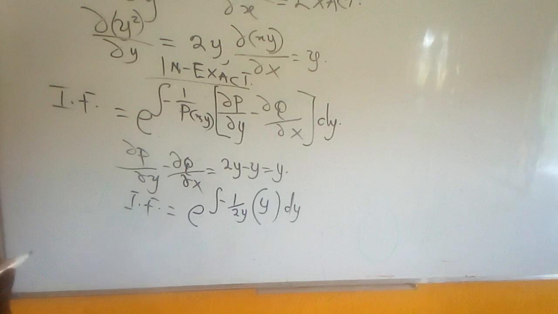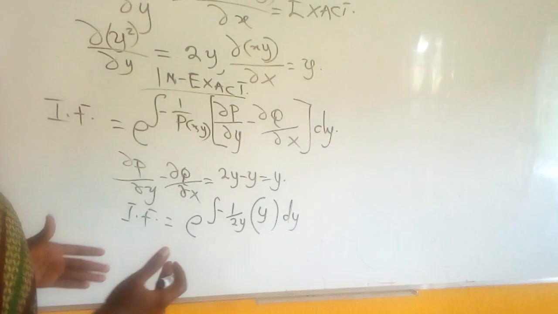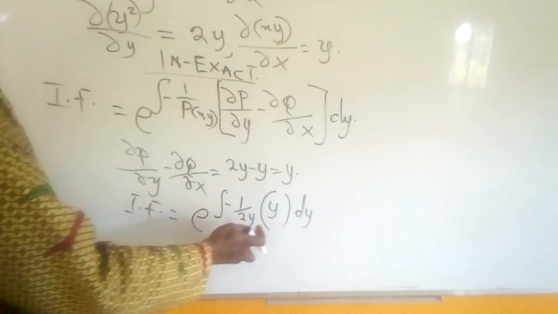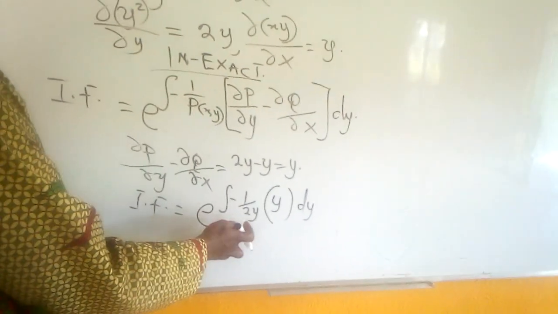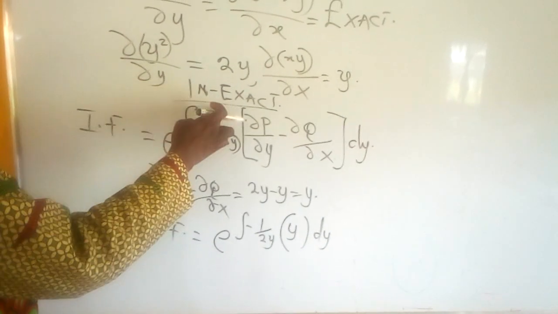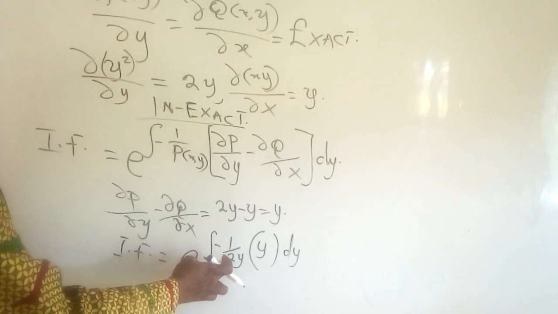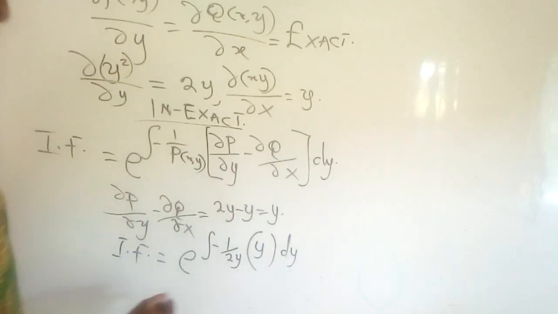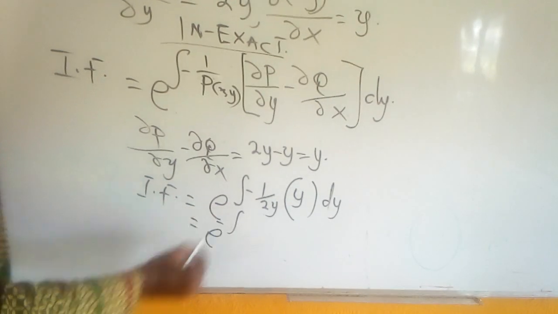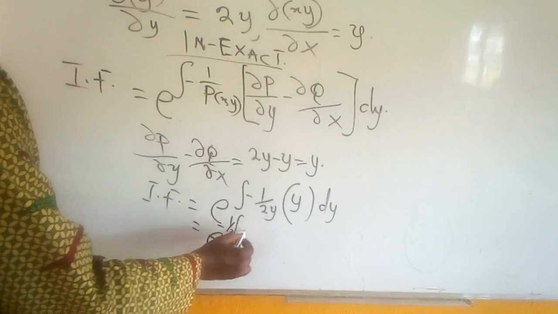When this is gotten, we induce our relationship clearly to give you this function, because the reciprocal of p, 1 over p function, negative sign, is reflected here. So when we subtract, we got this. At the end of the day, you have exponential minus integral of 1 over 2 outside of dy.